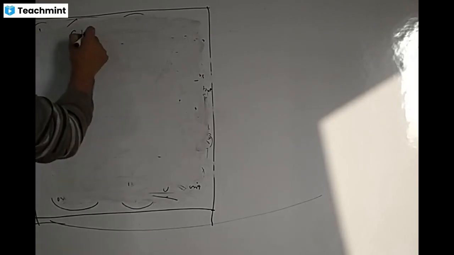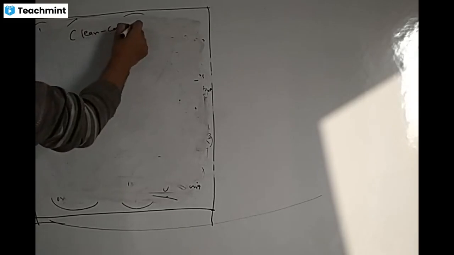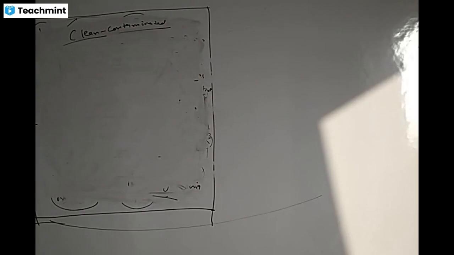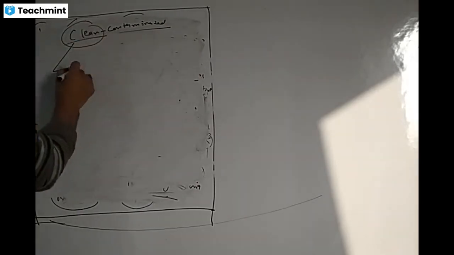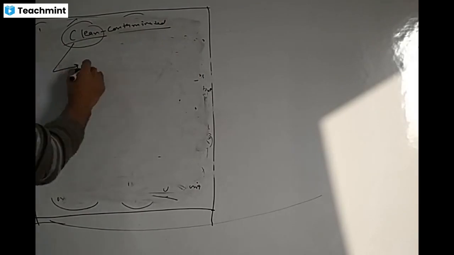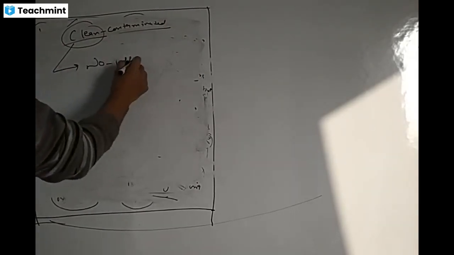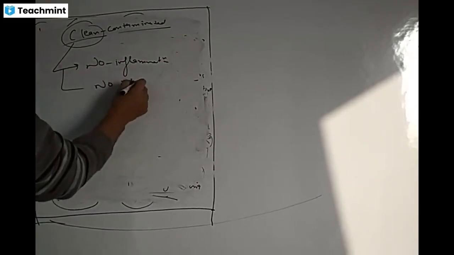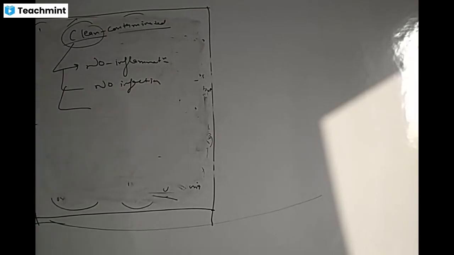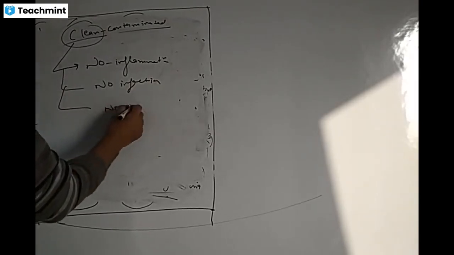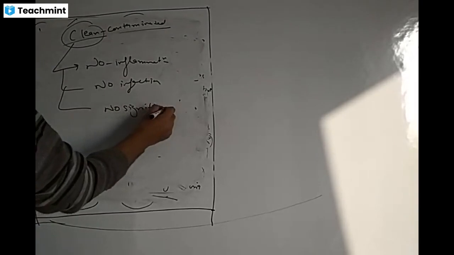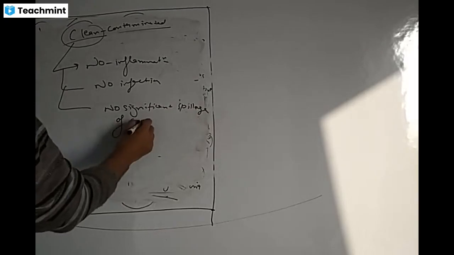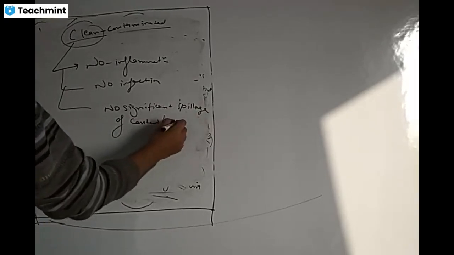Second is your clean contaminated surgery. The term clean means, if we look at our previous surgery, clean means no inflammation, clean means no infection, clean means no significant spillage of content or urine.